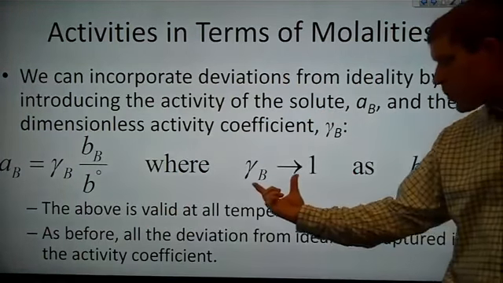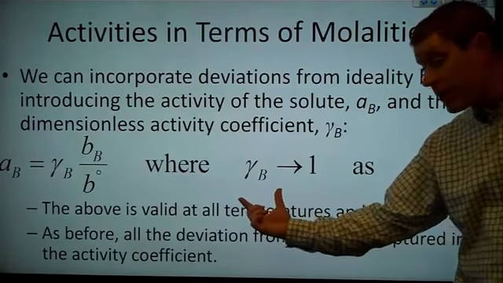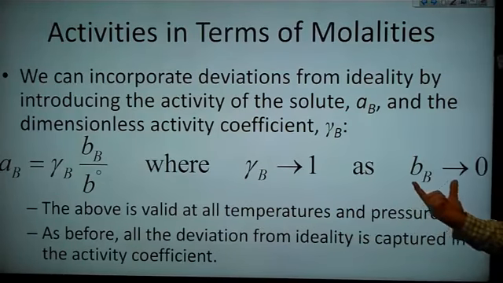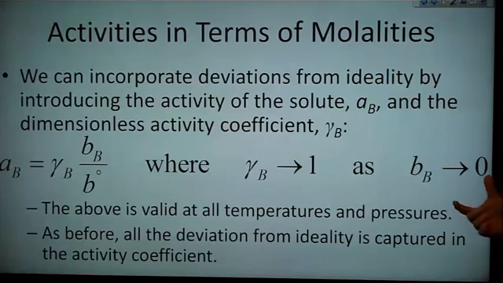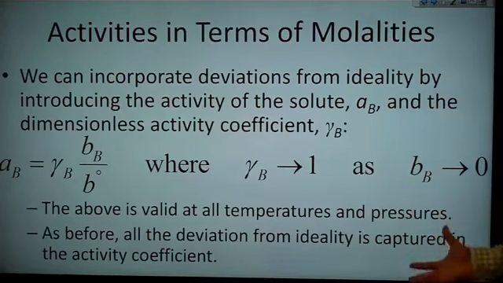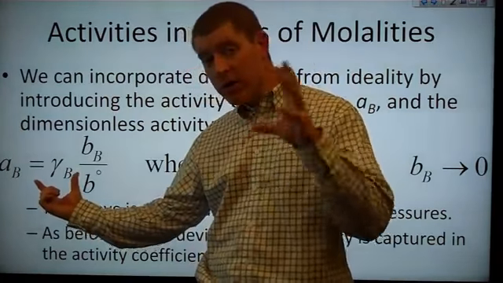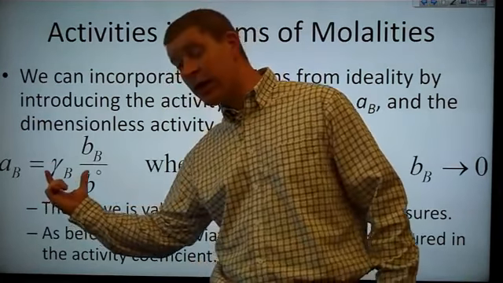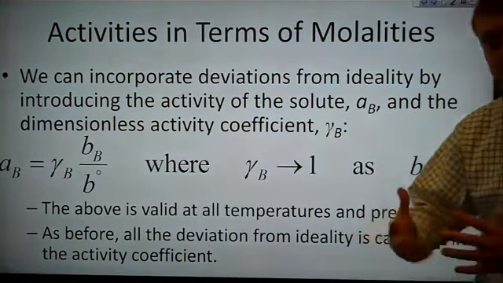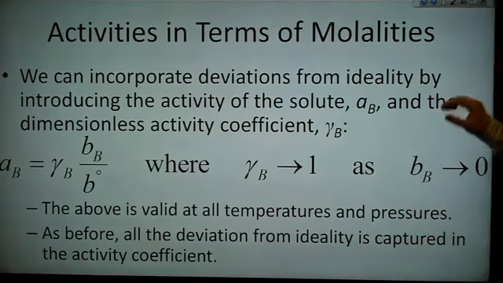So where then our gamma term is approaching 1 as the molality approaches 0. And again, this is valid at all temperatures and pressures. And just like before, our deviation from ideality is captured entirely in our activity coefficient, this gamma B. Right? So all of our deviations from ideality are occurring here in this one term. Right? That is very nice for us. We want to wrap all of these deviations all together.